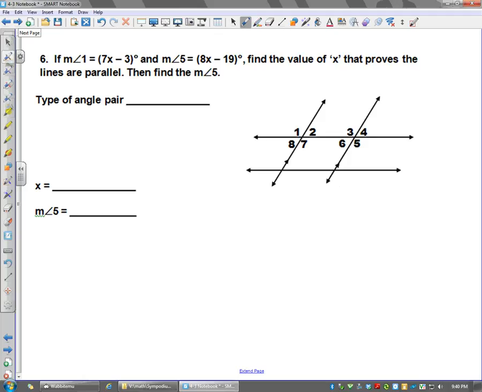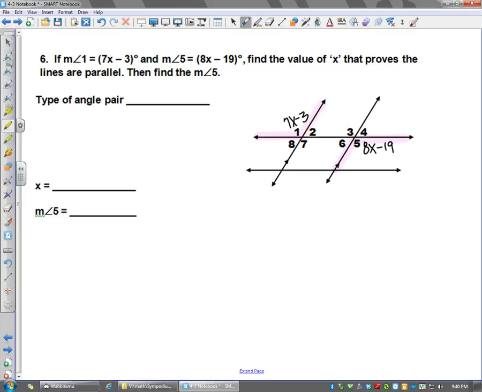Again, we can ignore this part. We're going to assume that the lines are parallel. They have to be in order for us to do this problem. All right, so angle 1 is 7x minus 3, and angle 5 is 8x minus 19. Here's angle 1, here's angle 5. The first thing I recognize is they don't make a letter.